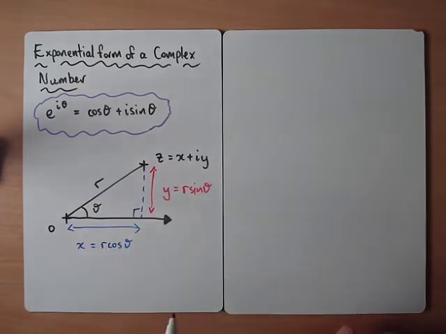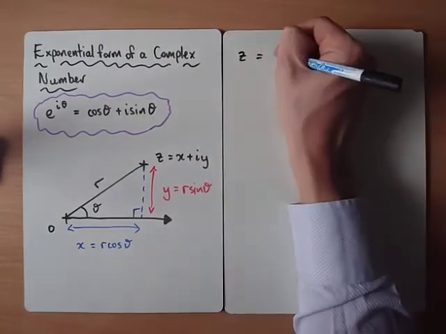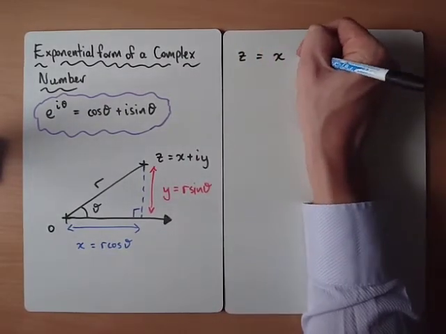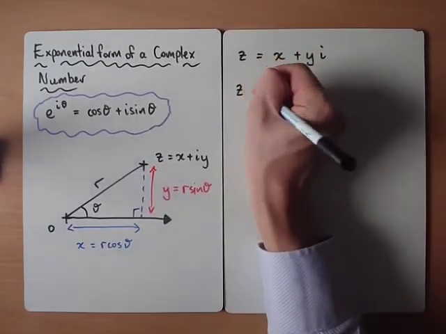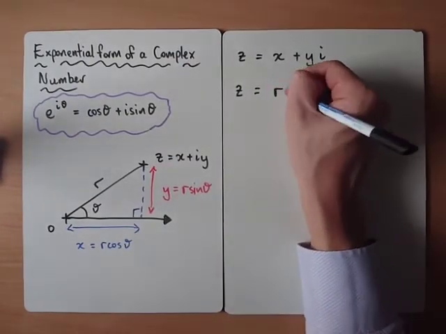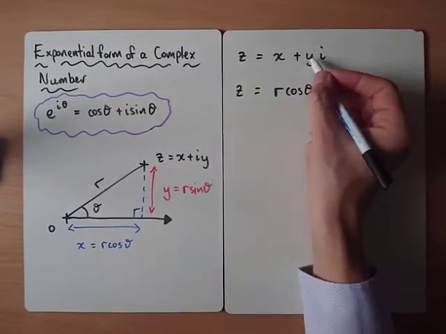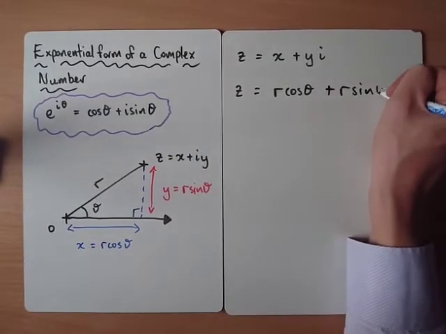If it's opposite, we use r sine. Okay, so we essentially now know that we could write x in Cartesian form. We also know x is equivalent to r cos theta. We know y is equivalent to r sin theta.